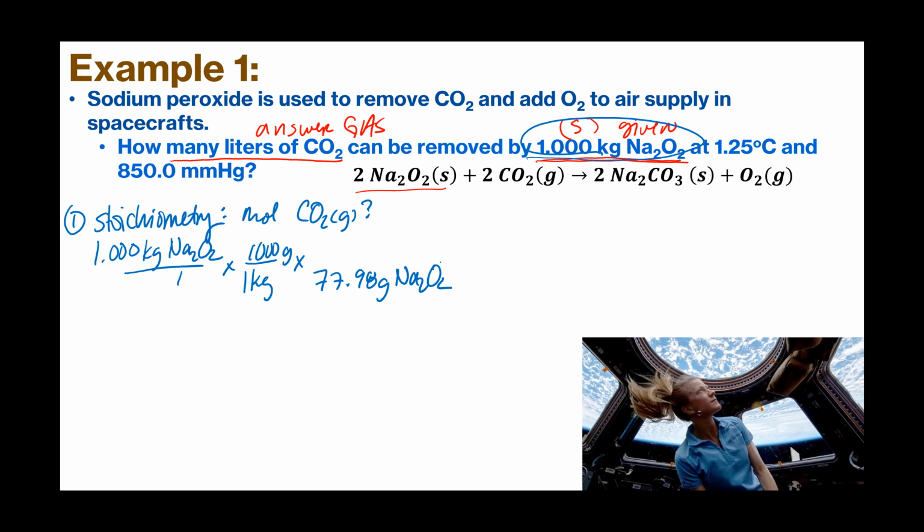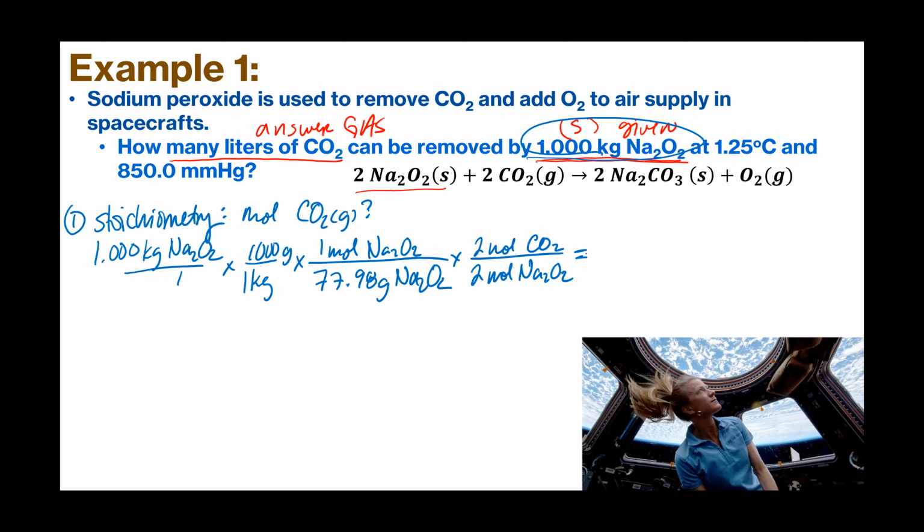If it's not given, you can always add those up from the periodic table, but you shouldn't have to. This is 1 mole of Na2O2. Once we have that, our equation is telling us we have 2 moles of Na2O2 for every 2 moles of CO2. This is where we're going to stop because we're looking for moles of CO2.